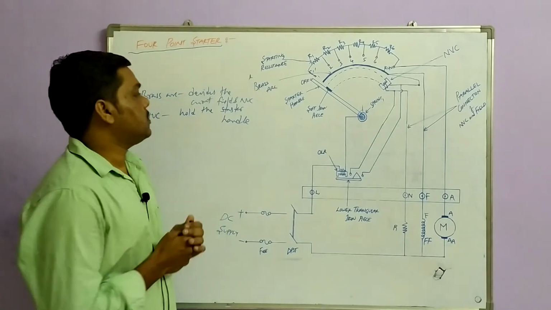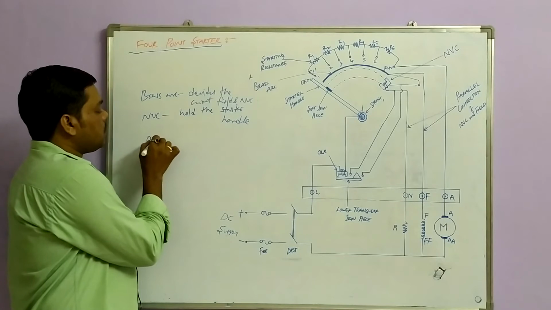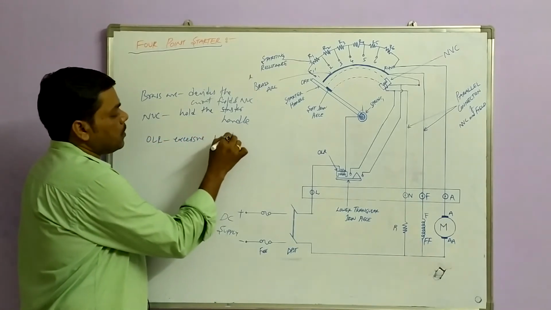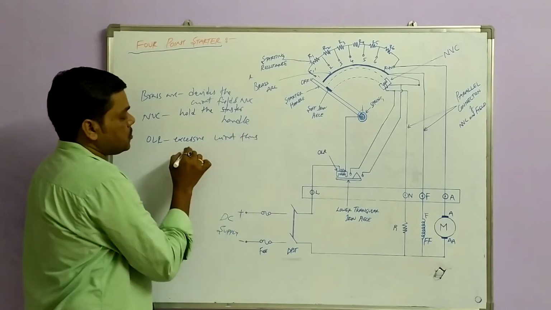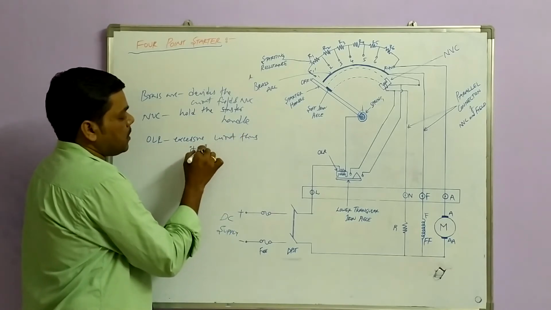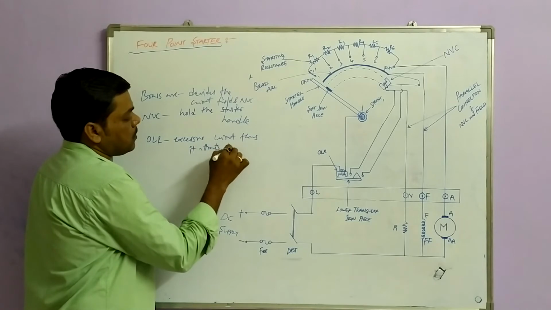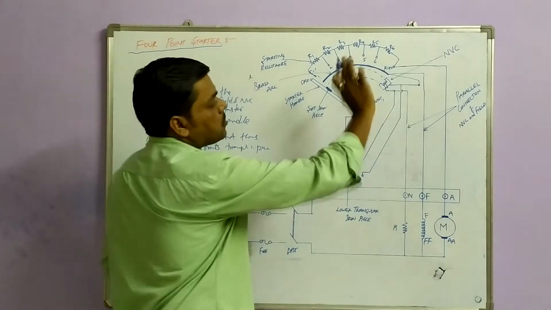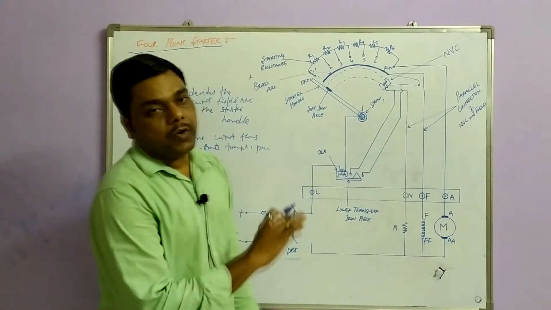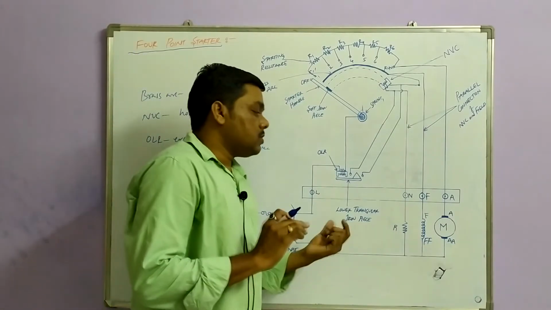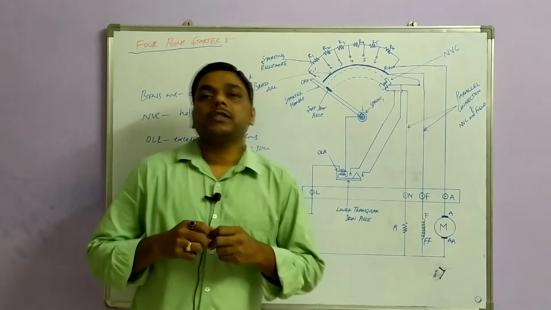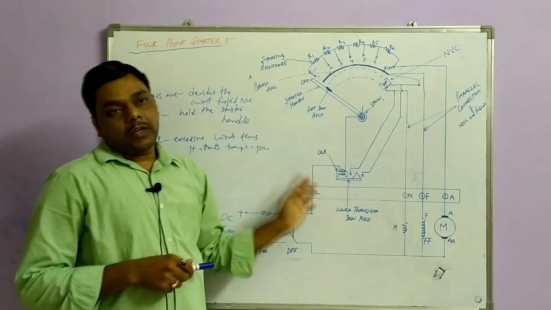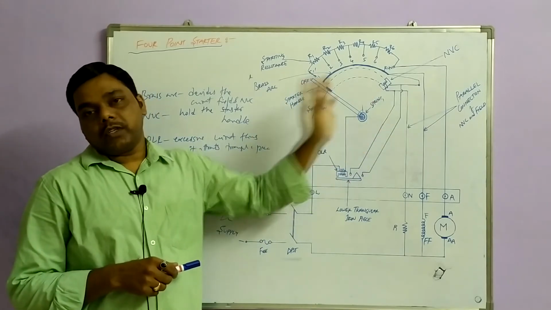So when there is excessive current flow in the OLR, it attracts the triangular piece, which short circuits the NVC and power is going to be cut off for this motor. So this is the working, how it is going to work in 4-point starter.